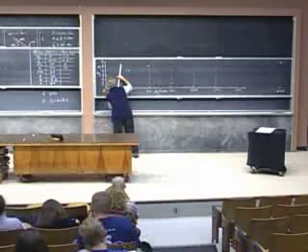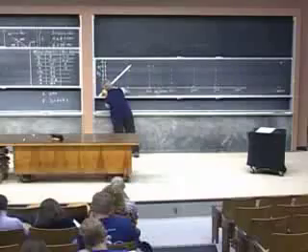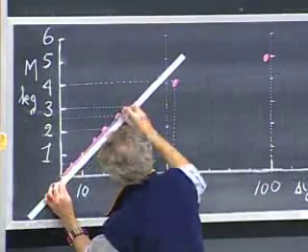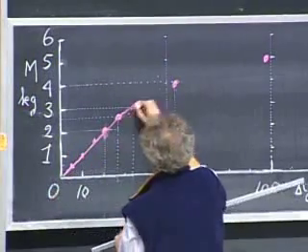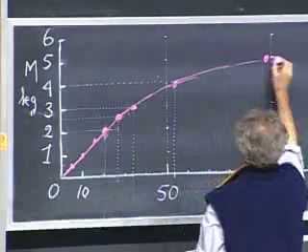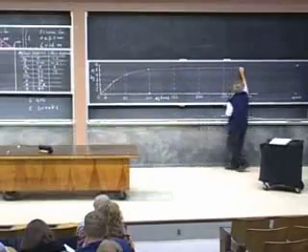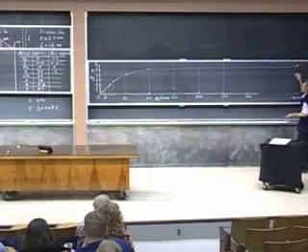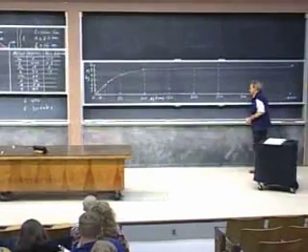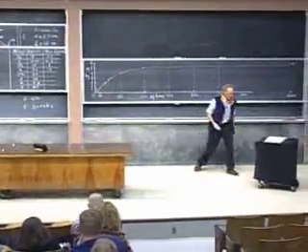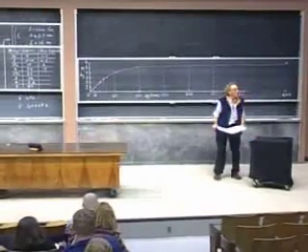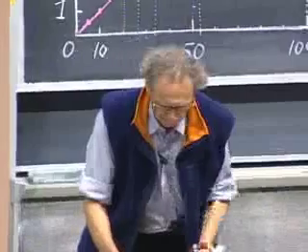Very linear in the beginning, and it starts to bend over, and you draw that line any way you want to. And then it breaks. And so we can now actually make an attempt to calculate Young's modulus from the data.